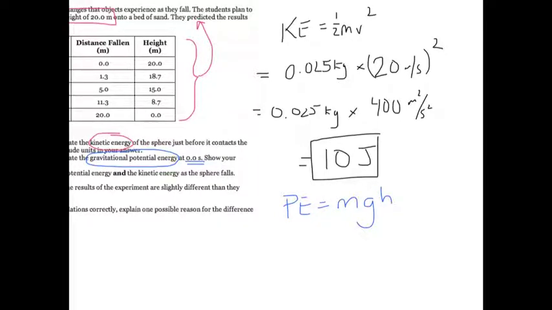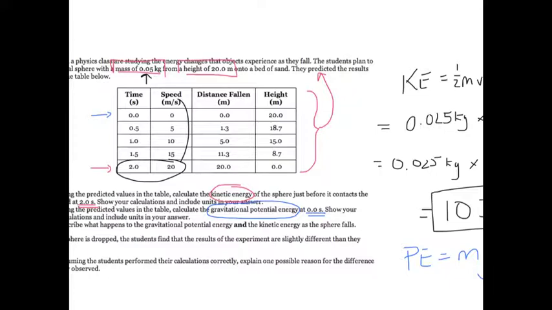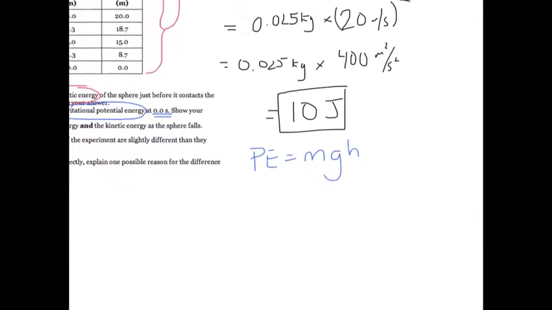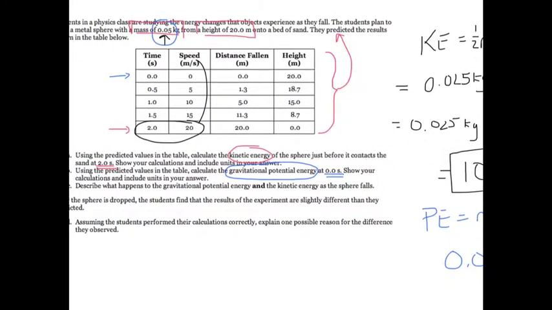So our mass, which we've got right there, 0.05 kg, times gravity, which is 10 newtons of force per every kilogram of mass, times height, which, well, what is it at 0 seconds? At 0 seconds, it's at a height of 20.